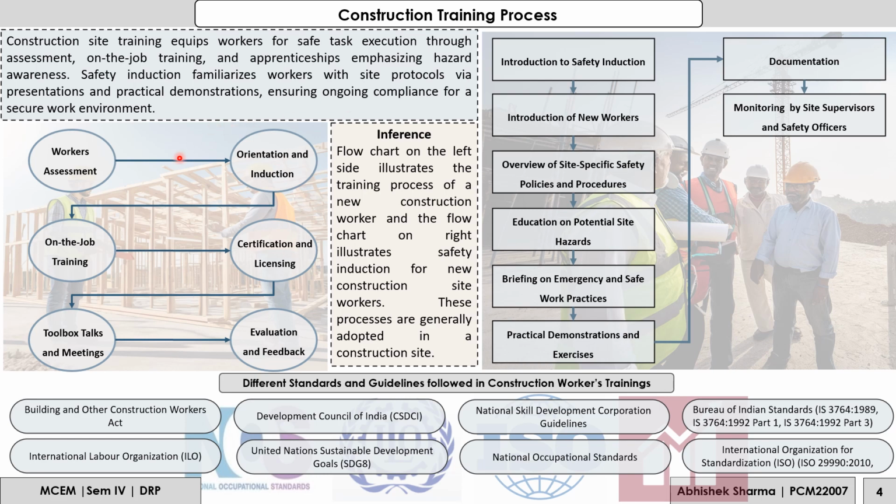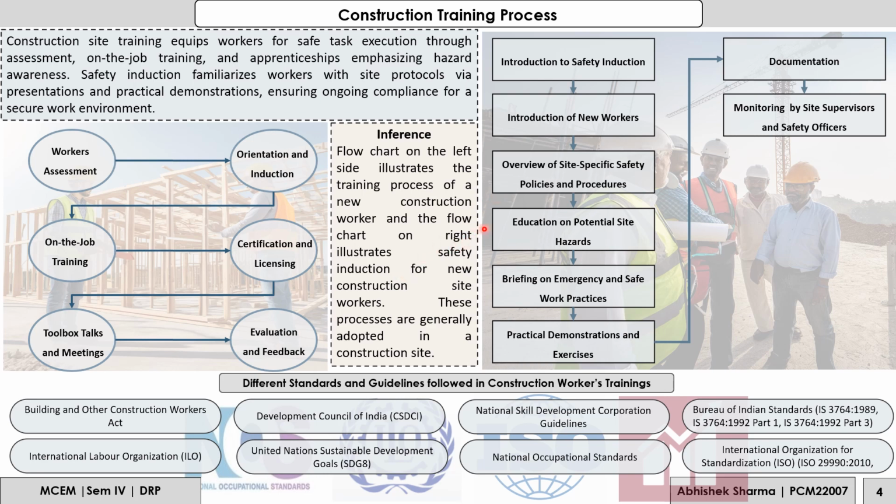The flow chart on the left shows the training process of a new worker on the construction site, which begins with the worker's assessment, orientation and induction, on-the-job site training, certification and licensing, toolbox talks, and then evaluation based on feedback.